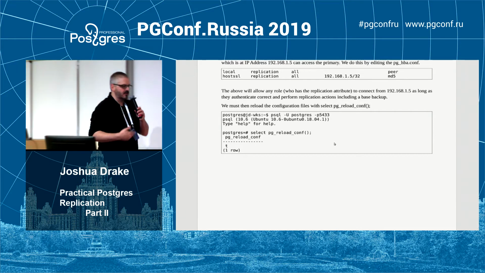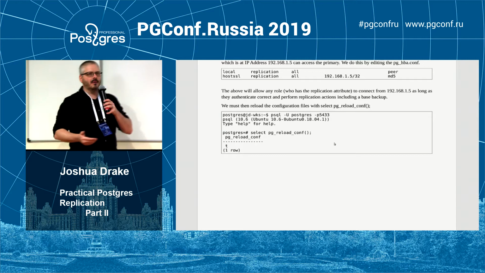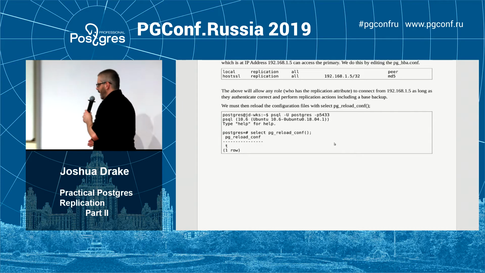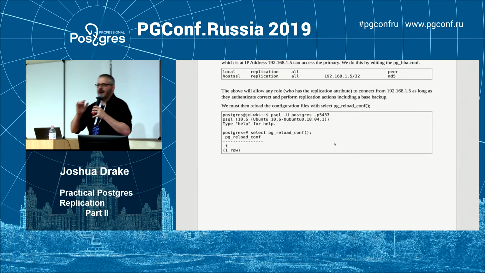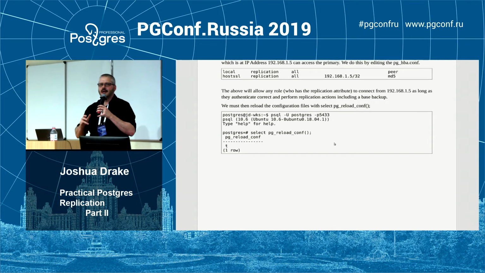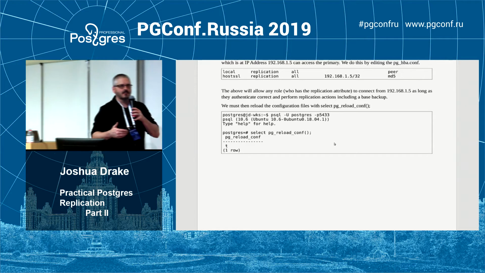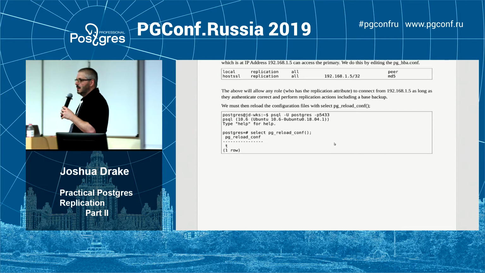Now there's a couple of ways to reload the configuration file. The first one is you can grab the PID of the parent postmaster process and you can HUP it. Don't do that. That's a recipe for disaster. It works every time until you accidentally type the wrong command and you kill it. So don't do that. The other thing is if you run on Linux, you can use systemctl reload on the Postgres service.